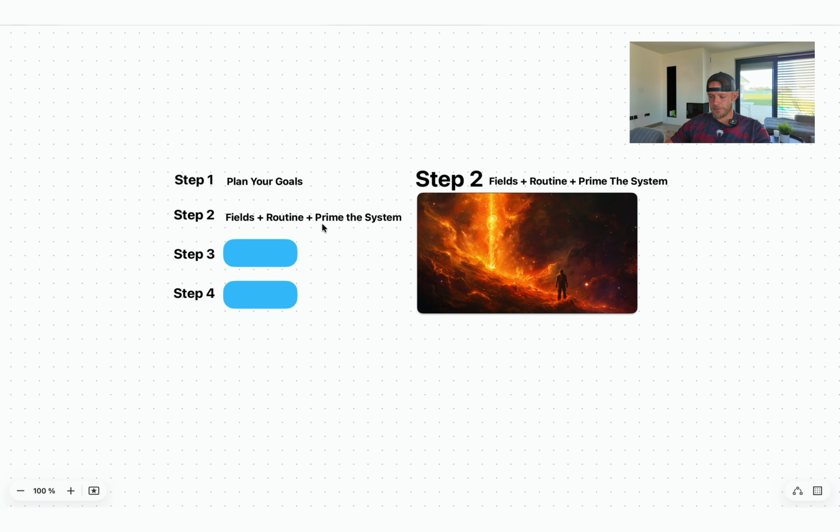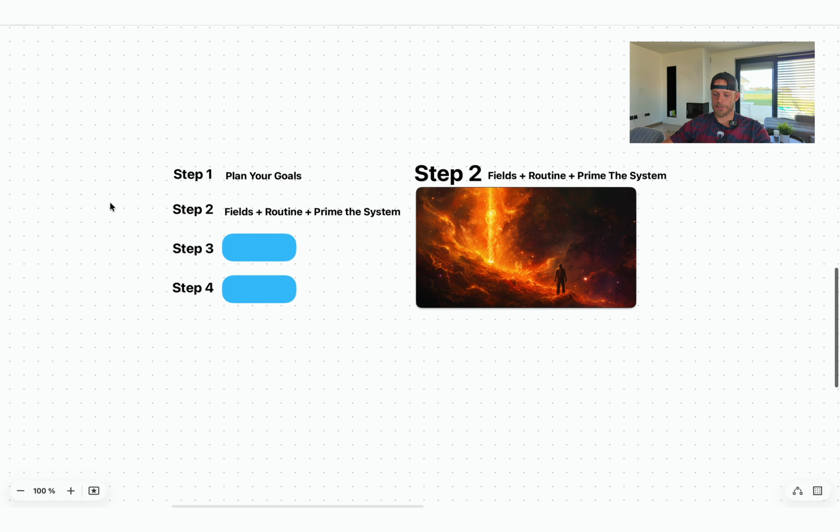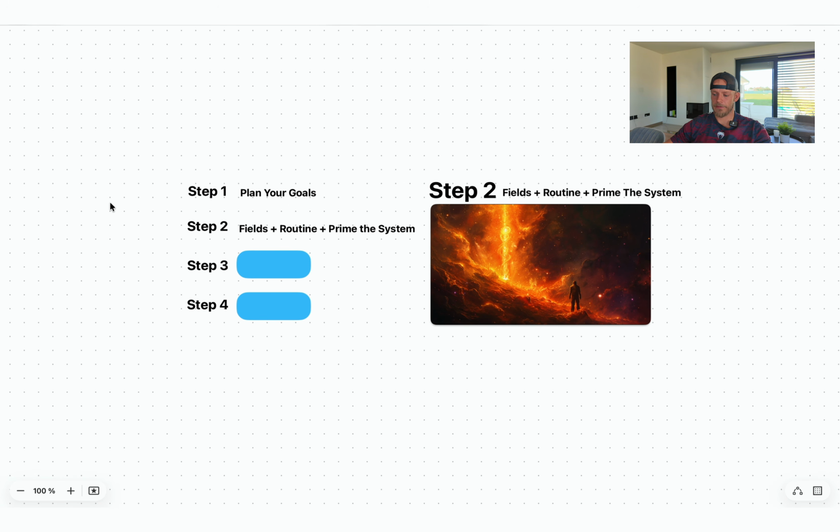Priming the system. What I mean by that is, when you start with areas or topics that are easier to achieve, and when you start having results with fields, it does some really magical thing.